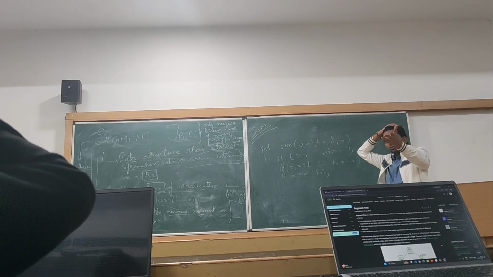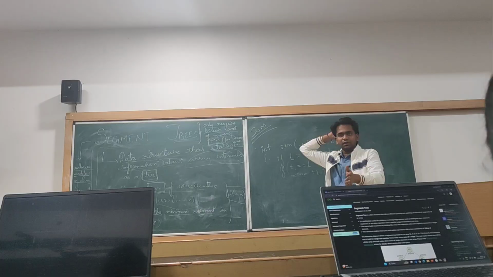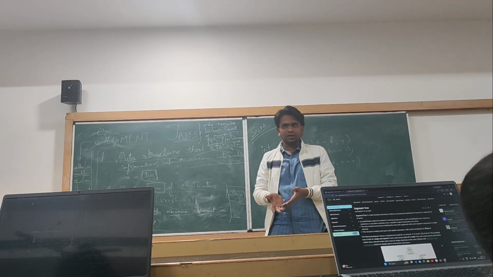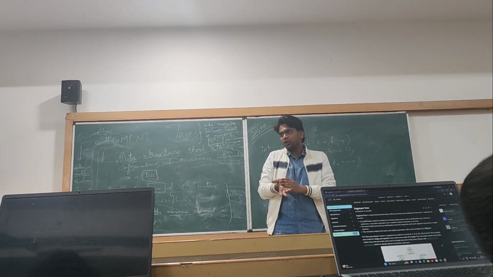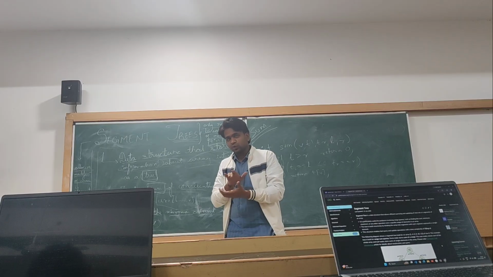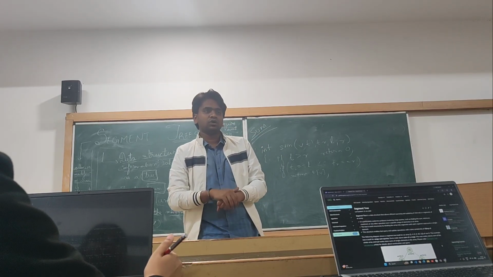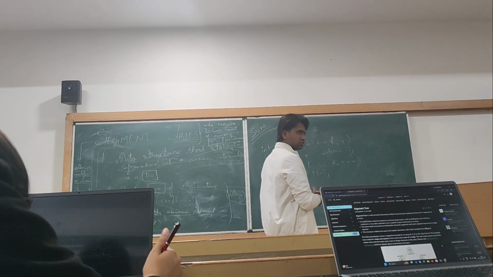You will divide again, first the middle: TM is equal to TL plus TR by 2. After that you will call the same function. The question is, on what parameters will you call? Take 2 minutes.